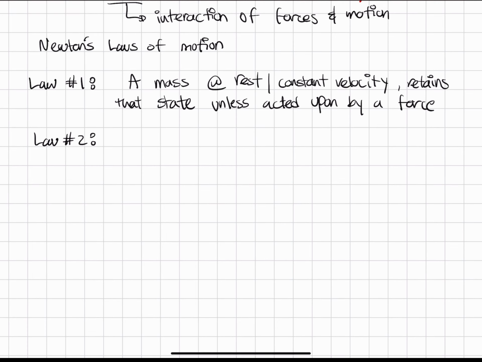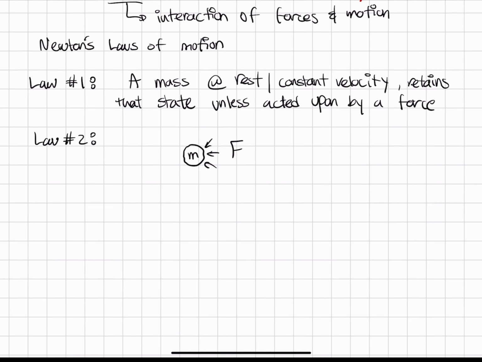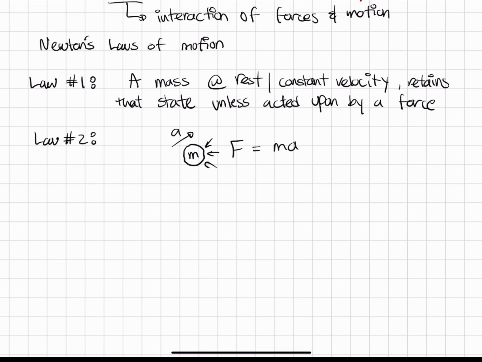If I have a mass that looks like this, and all these little forces acting on it, I'm just going to use F here, resembling the resultant of all these forces. Then what I get is F is equal to ma. And of course, this mass could be accelerating in some direction as well. This is really the notion behind law number 2.